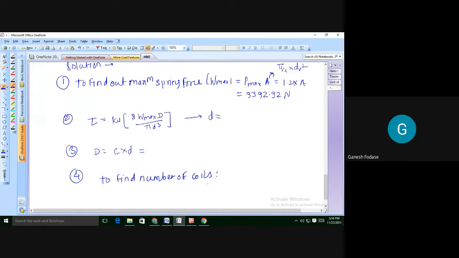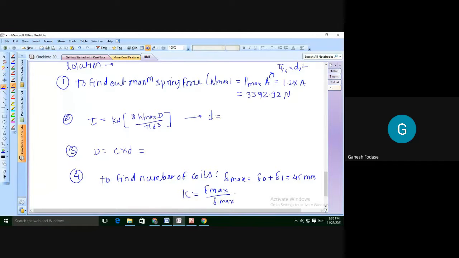What we assume here is total deflection, maximum deflection, is equal to initial compression delta 0 plus delta 1, which is equal to 35 plus 10, that is 45 mm. So maximum deflection is 45 mm, and therefore we can find out spring rate K is equal to F max upon delta max.